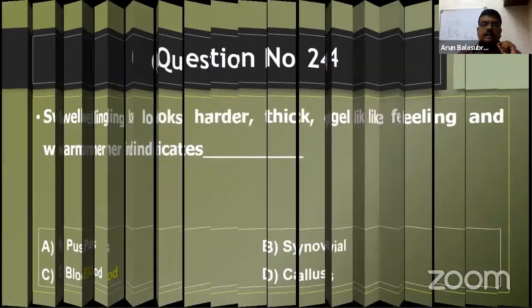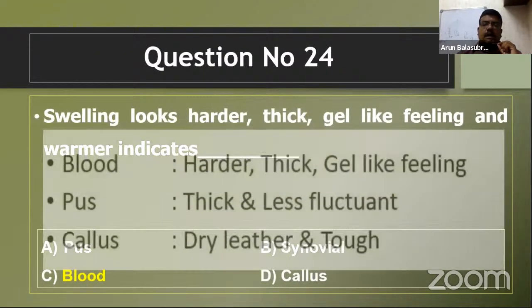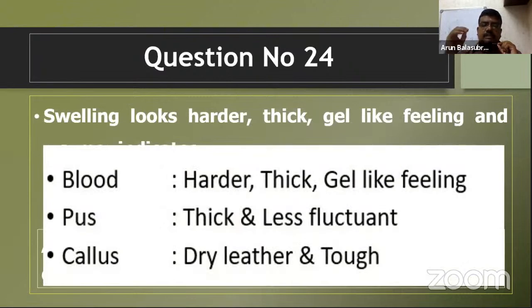Okay, so it is blood. Here is the classification: blood swelling is always harder, thicker, gel-like. Pus is thick and less fluctuant. Callus is dense and tough. When a patient comes with a swelling, you have to palpate it and identify the differences, right?